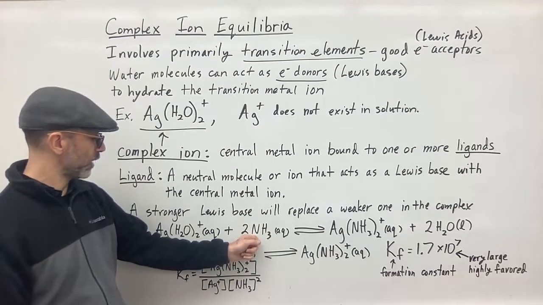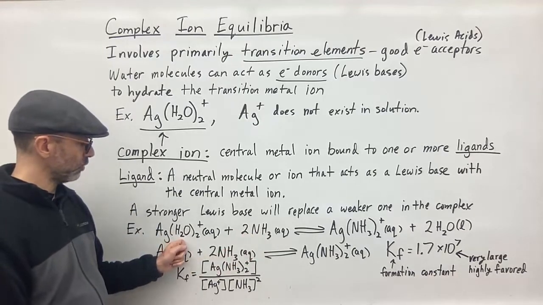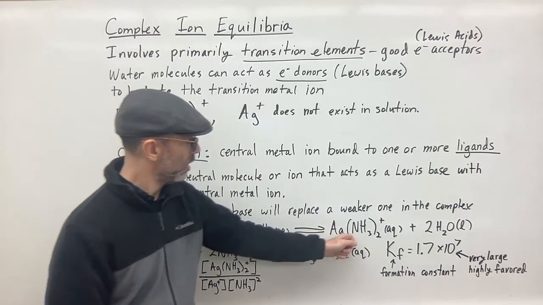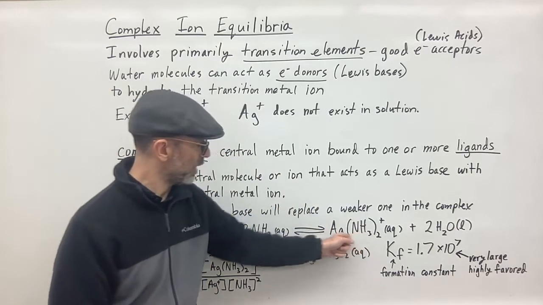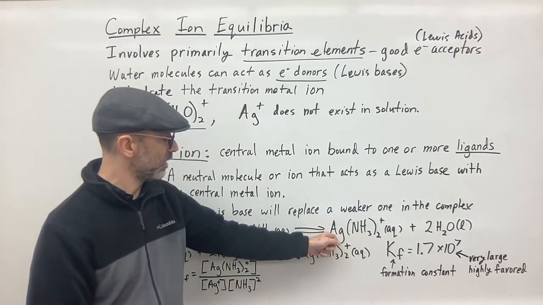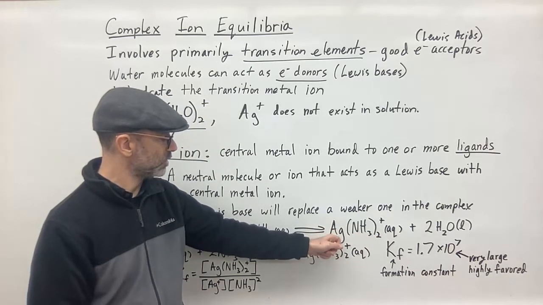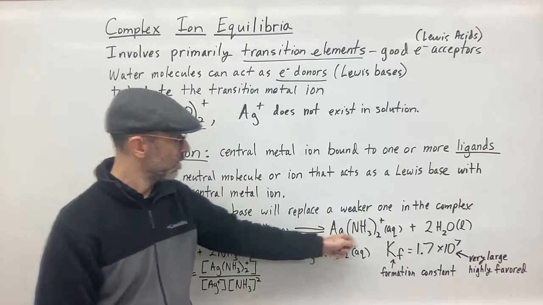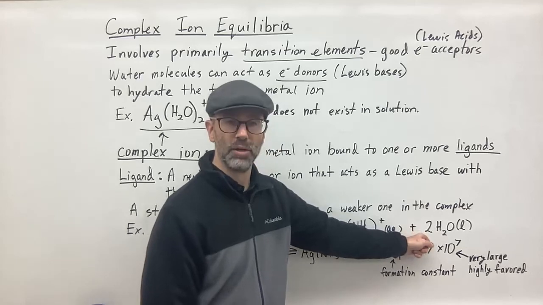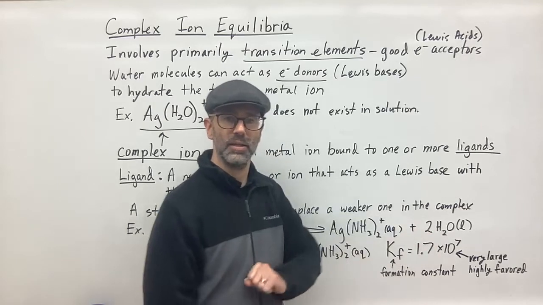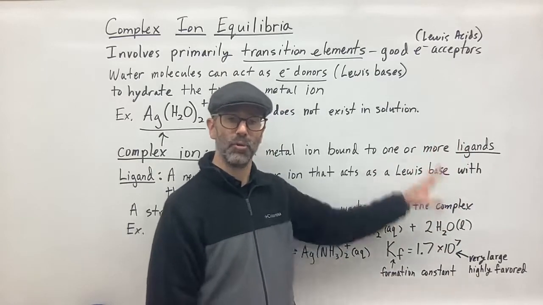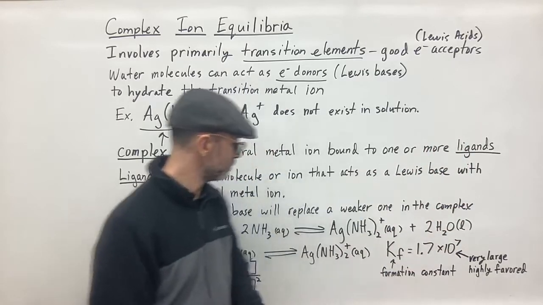So it's going to replace the water molecules in the complex. So now you have a silver ammonia complex. You have two ammonia molecules bound with the central metal here with a plus charge again, and the two water molecules are left to separate and float by themselves.